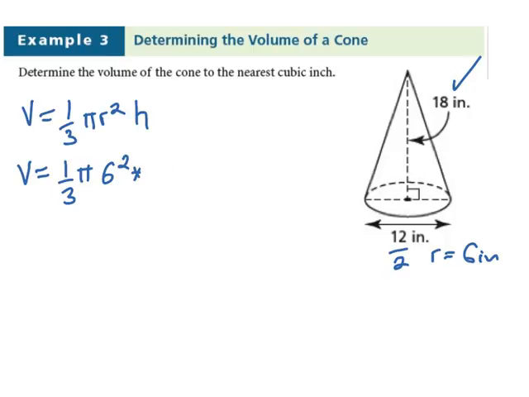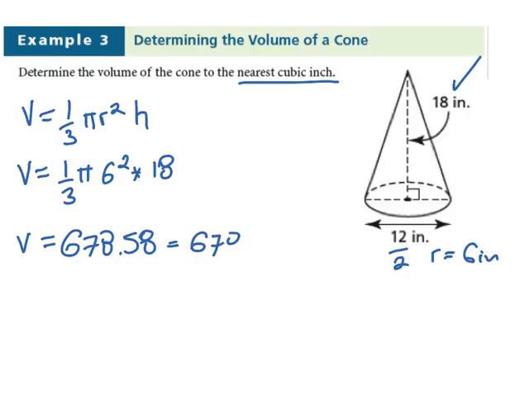This will give you an answer of 678.58, but we have to round it to the nearest cubic inch. Therefore, the answer is 679 cubic inches, which is inches cubed.